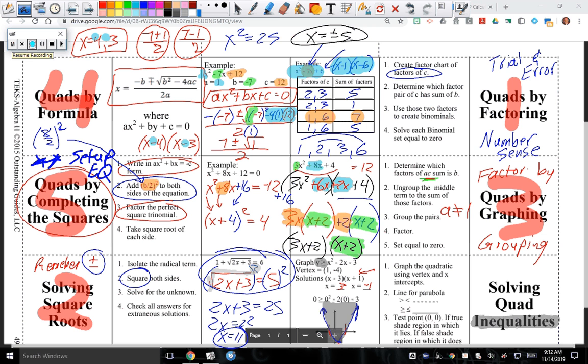Okay, guys, so when I was talking about this plus and minus here, I meant it for this one right here. Because at this step that we are at right now, we're going to square root both sides. So I will be left with x plus 4 on the left, because when I square root a square, they cancel. But don't mess up on the right. You've done this with absolute value.